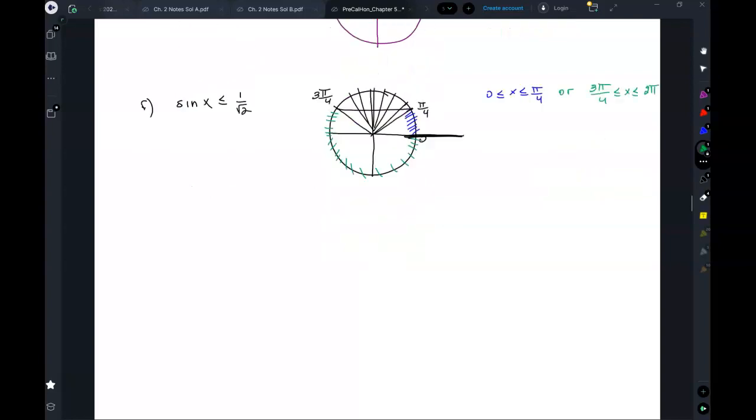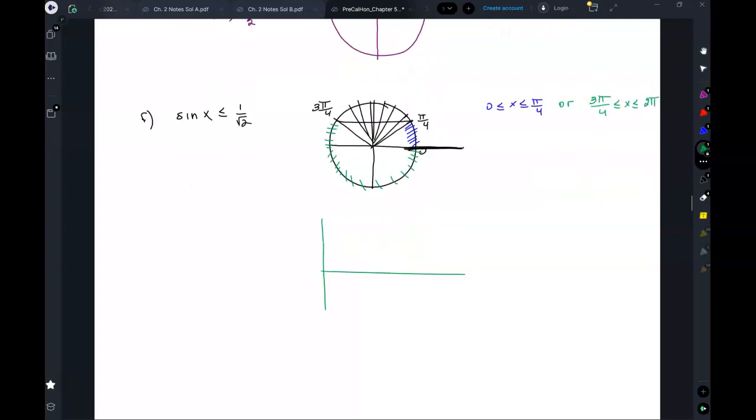Because look, now that we know how to graph these, if I were to graph this, this is 0, pi over 4. This is one region I want. Until 3 pi over 4, there is nothing. And then another region I want is this until 2 pi.